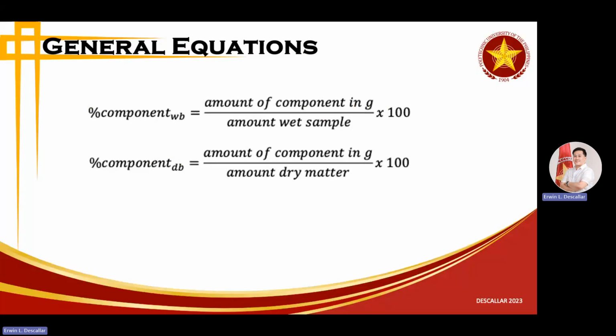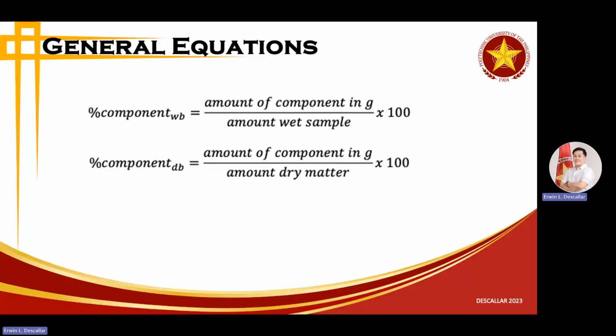And this is going to be the general computation, the general equations for the proximate analysis. For example, the percent component wet basis, if you're going to take a look at the denominator, if you're referring to WB or the wet basis, the denominator should be the amount or the weight of the wet sample.